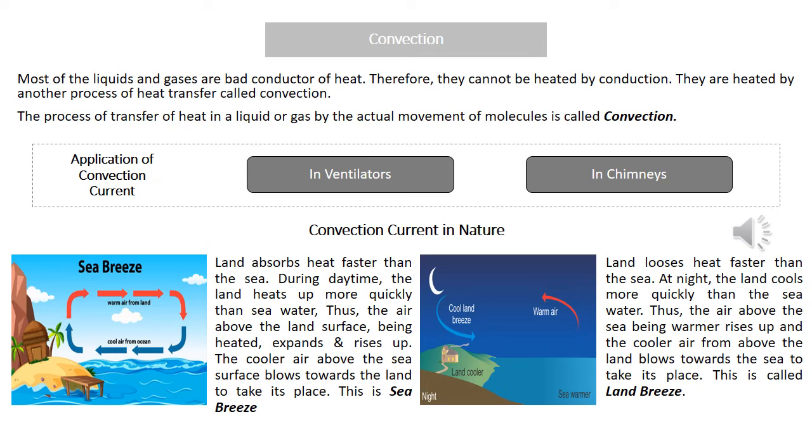You can see here also. If you keep water in a bucket on the roof, and suppose the roof is land, and after 1-2 hours you go up on the roof and see which one is more hot, water or land, you will find that the land is getting more heated than water, because land gets heated faster than water.